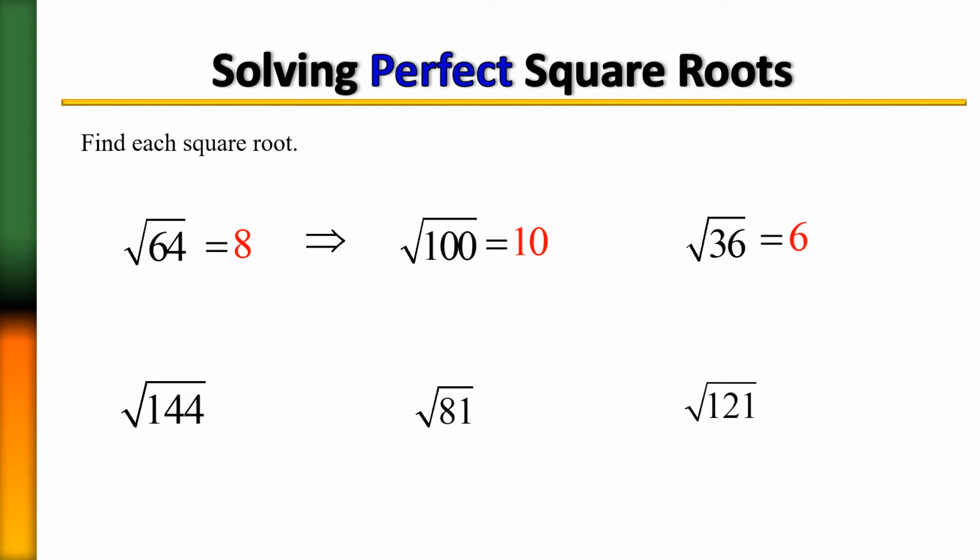Square root of 144? That's correct, 12. Square root of 81? 9. And last one, square root of 121? 11. Good job. There you have it. Practice with perfect roots.